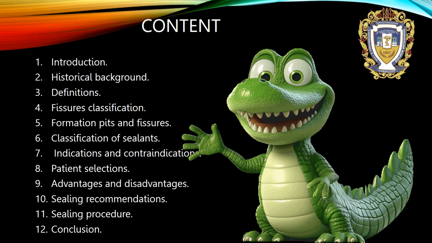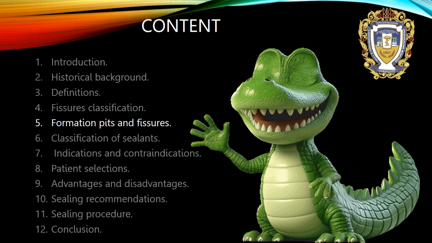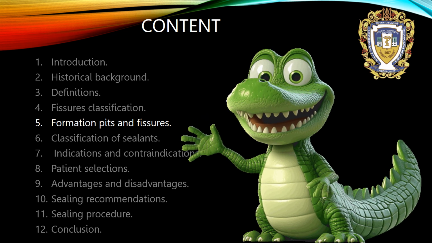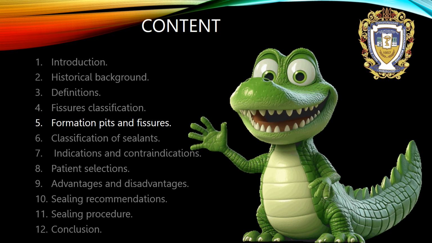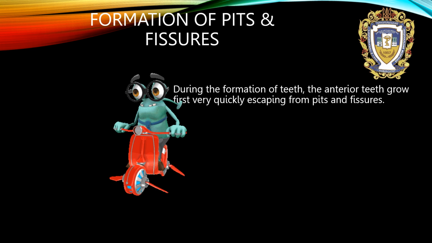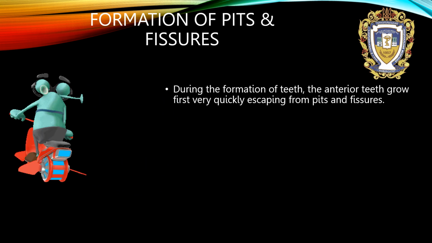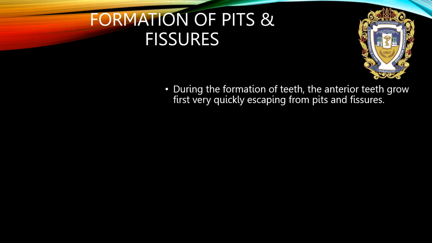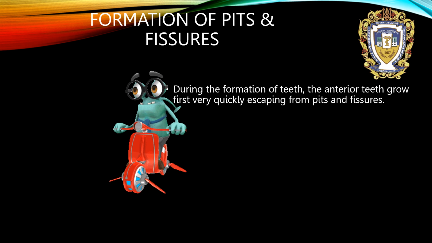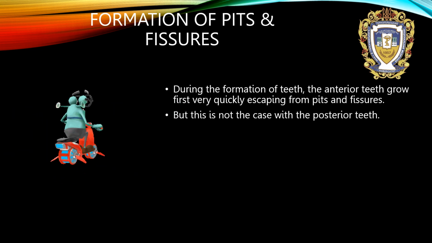So, how are pits and fissures formed? We know that during the formation of teeth, the anterior teeth grow first very quickly, escaping from pits and fissures. But this is not the case with the posterior teeth.